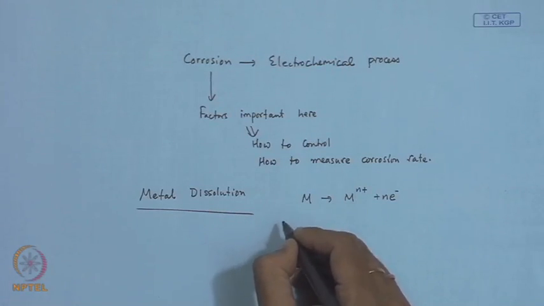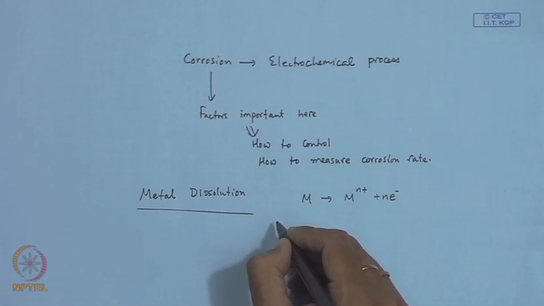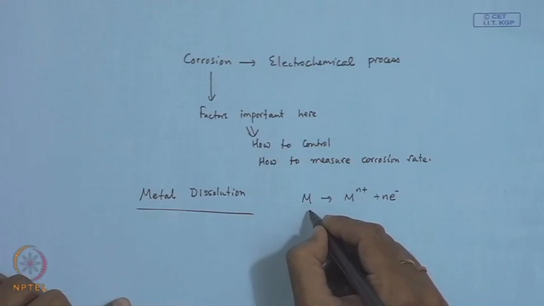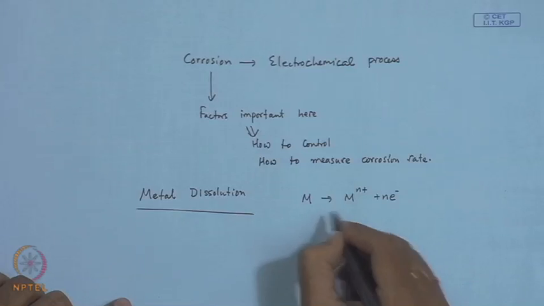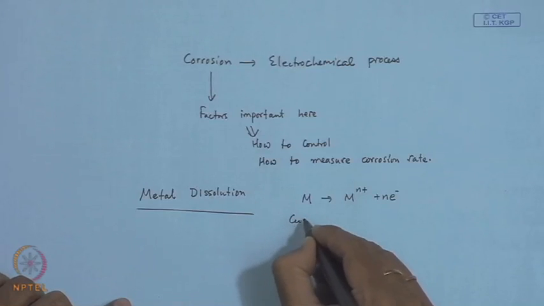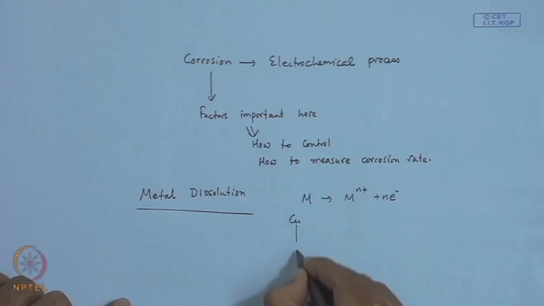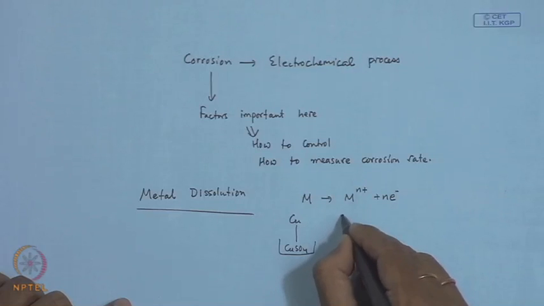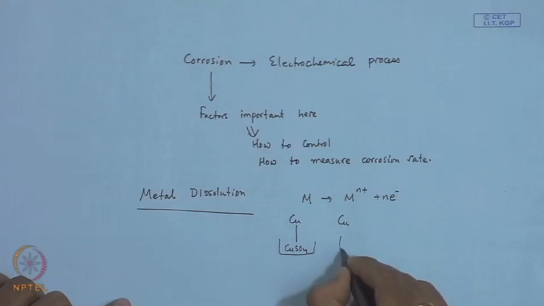So, in this case, consider a piece of pure metal M in a solution which contains its own ion, say like copper, which is dipped into copper sulphate. So, copper sulphate means Cu2 plus, and here Cu is dipped in Cu2 plus.